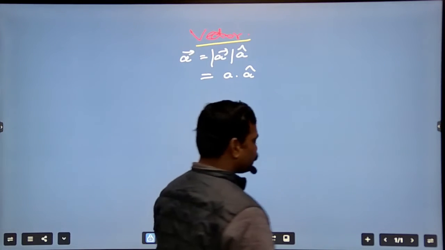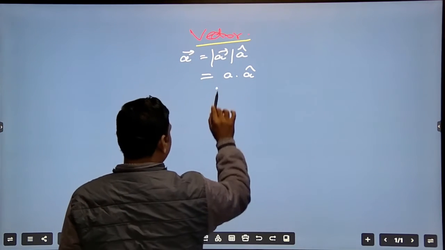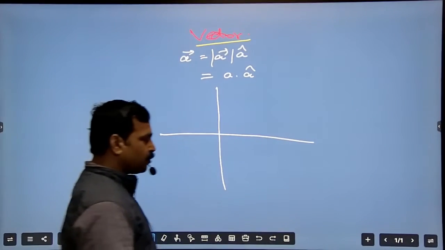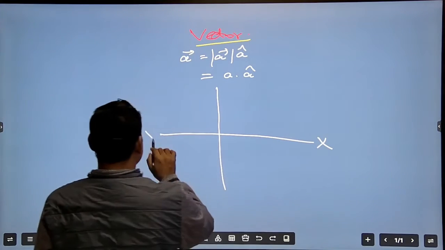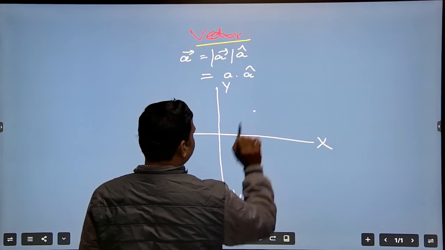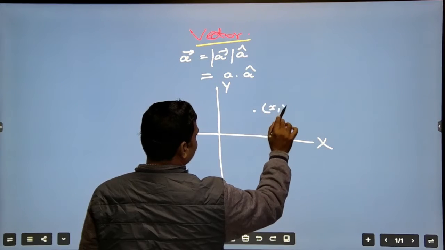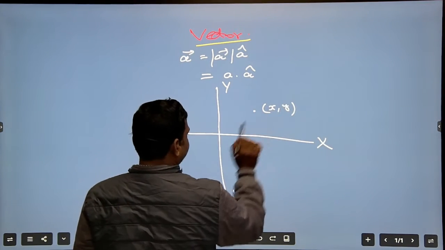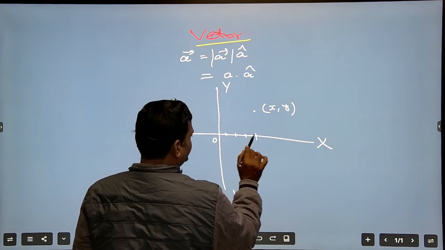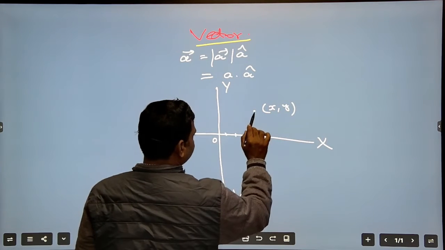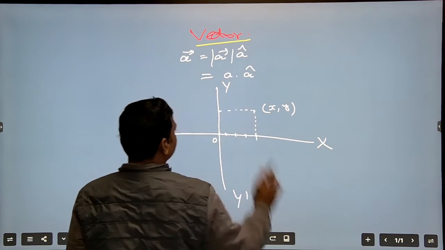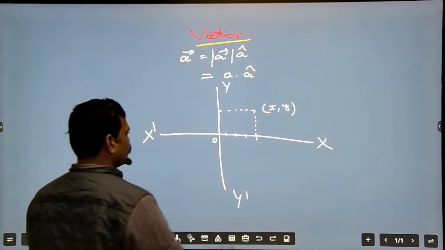Suppose we want to represent a vector graphically. We can use a coordinate system representation, like this, x dash, y dash. Suppose we have a point here, the point is (x, y). So x is the distance from the origin along the x axis, and y is the distance from the origin along the y axis.